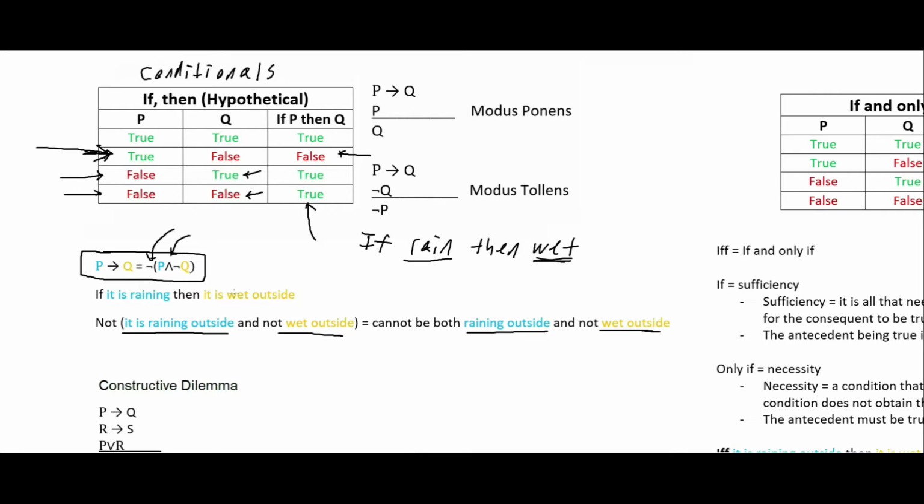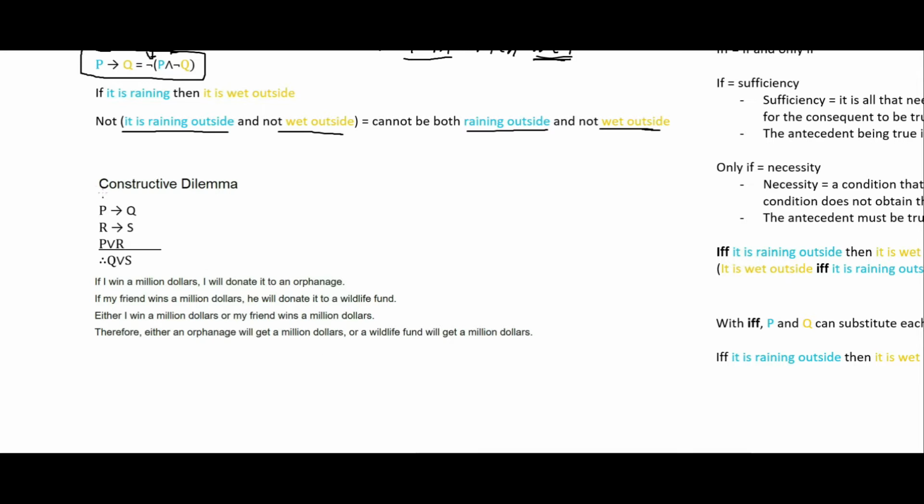If you're ever trying to teach yourself logic, that's something you'll probably run into. They try to get the or operator in terms of just the and and not operators, and things like that. Another thing I wanted to point out is this thing called constructive dilemma.